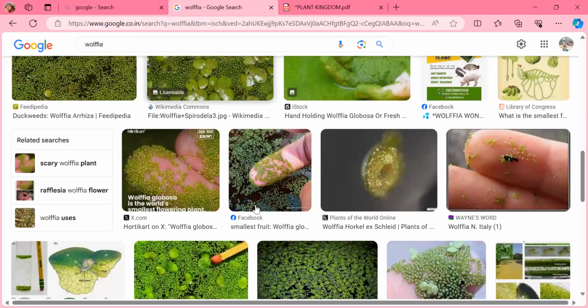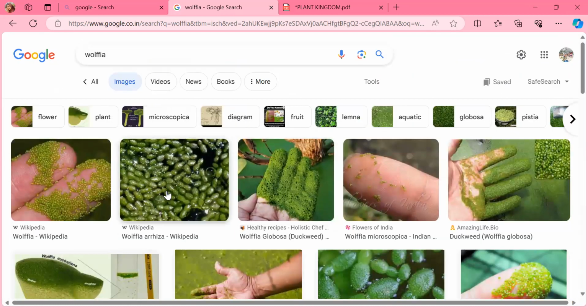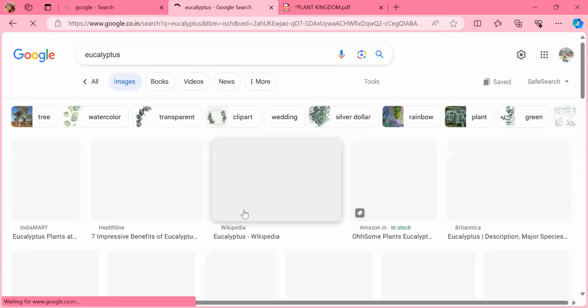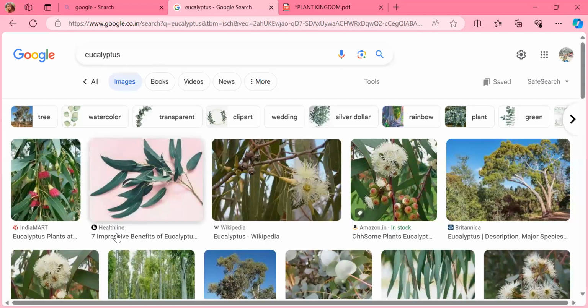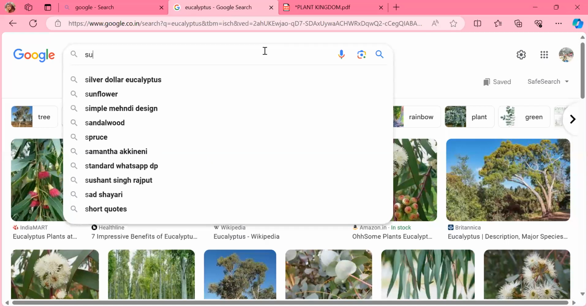They're holding it in hand to show you. Now let us look at eucalyptus. You might have heard about eucalyptus oil, very therapeutic, right? This is your beloved eucalyptus. Okay. Now let us see one more thing that comes under angiosperms also.